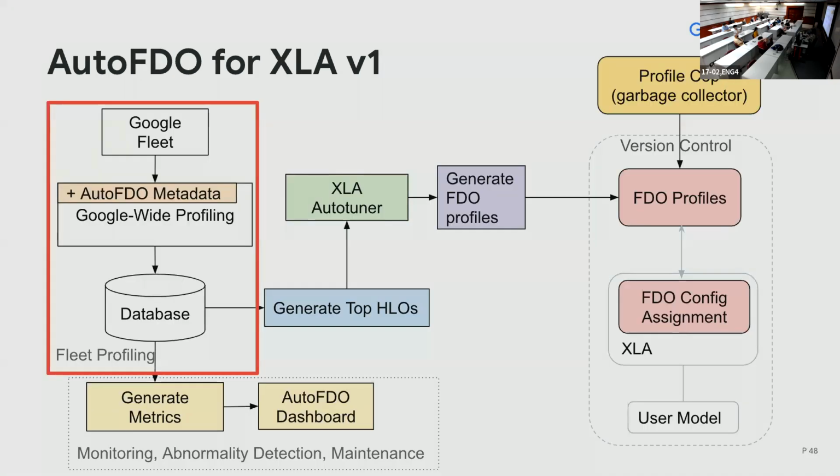What we do is that we have a pipeline that collects the heaviest workloads that run at Google. So we have a Google-wide profiling that basically collects all the tensor computation graphs that the users run, and also it knows how many TPU hours and how many TPU devices it uses.